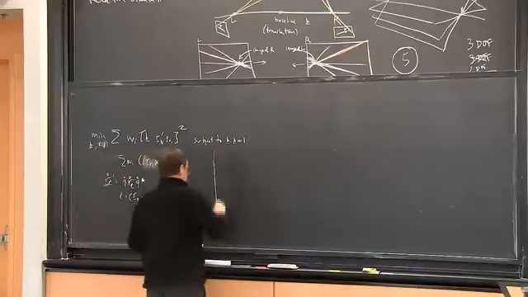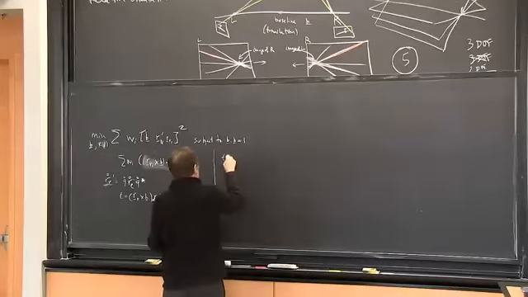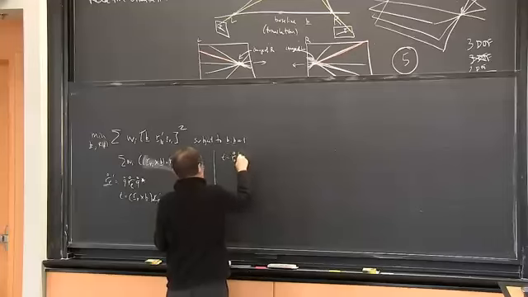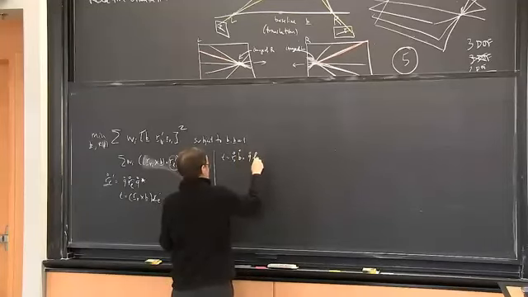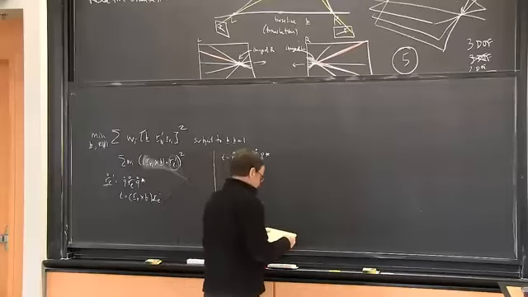So I'm going now from vectors to quaternions, but these are quaternions with the special property that they have zero scalar part.